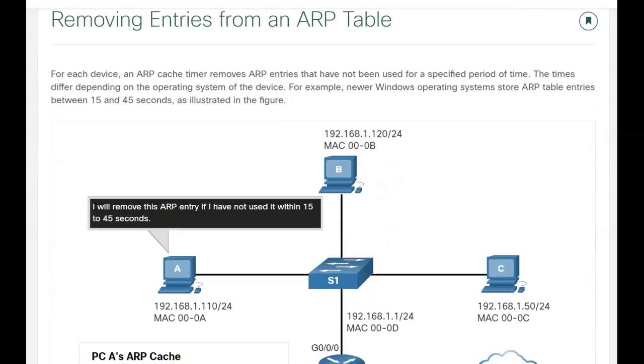Now, the entries in an ARP table don't stay there forever. They're on a timer. So there's a cache timer that removes entries after some period of time. In some cases, like the newer Windows operating systems, entries last between 15 and 45 seconds.